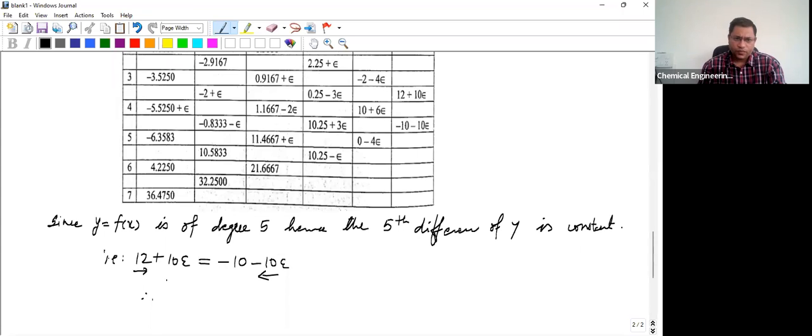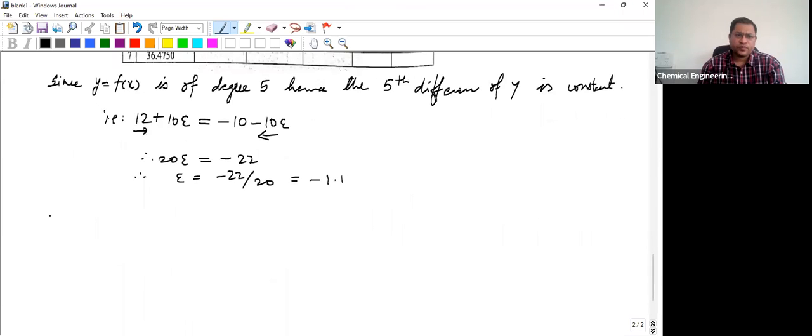So we get 20 epsilon is equal to minus 22, or epsilon is equal to minus 22 by 20. And now what you'll be having, this is minus 1.1. Is that okay? Are you getting this?